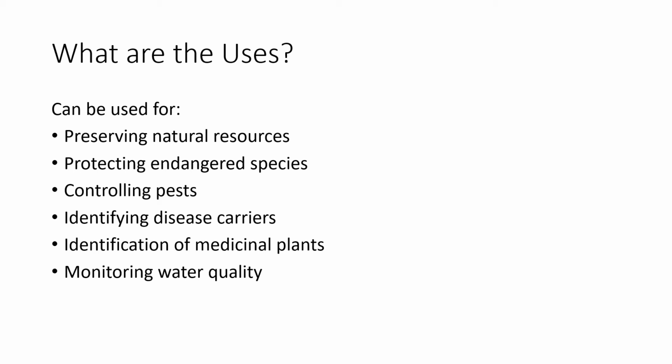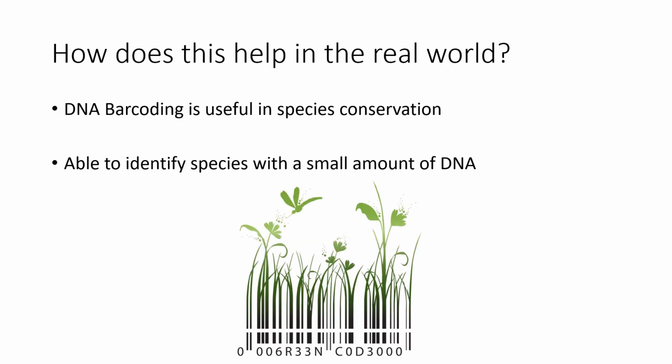In conclusion, DNA barcoding is a system for fast and accurate species identification, which is making environmental conservation efforts way easier. As I've said before, it has so many applications in so many different fields, such as controlling agricultural pests, sustaining natural resources, protecting endangered species, monitoring water quality, and preserving natural resources.